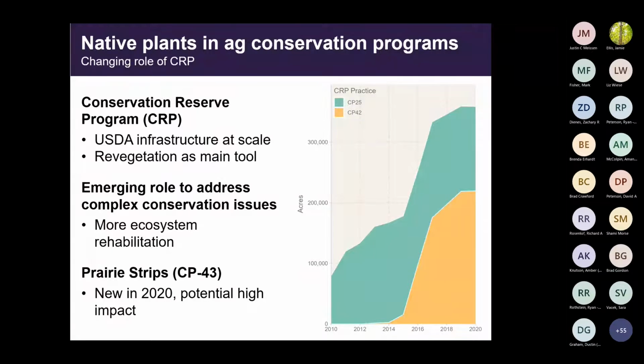Things like rare and declining habitat restoration and pollinator recovery have become components of popular practices in recent years. More and more of the revegetation projects being deployed are requiring diverse native vegetation now. The most significant of them have been, I would say, the pollinator and wildlife habitat related ones.